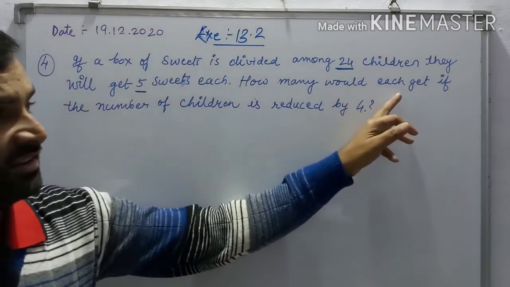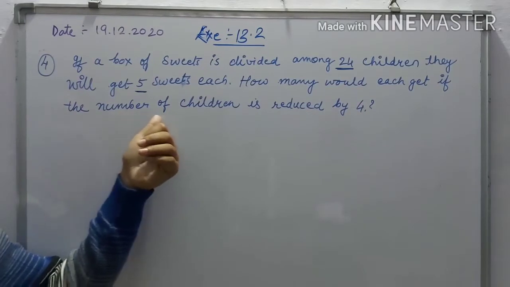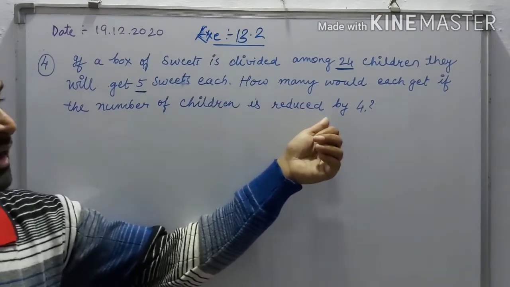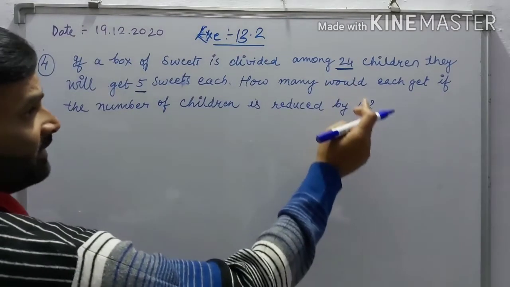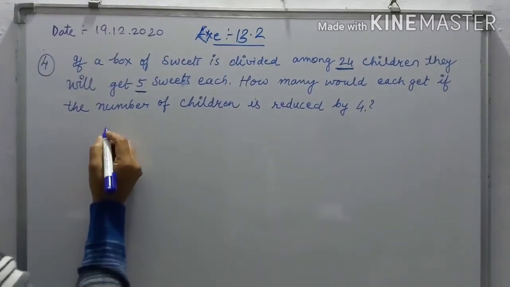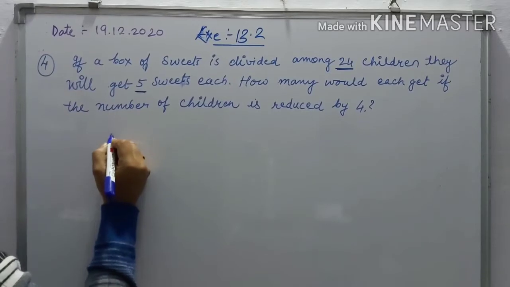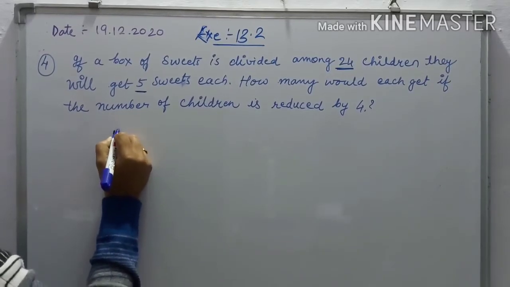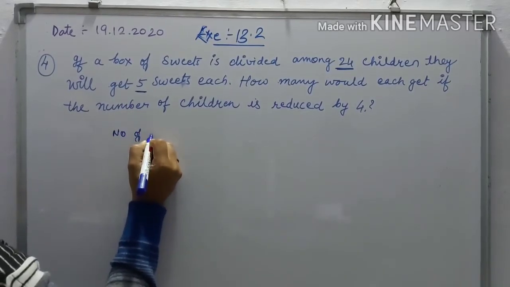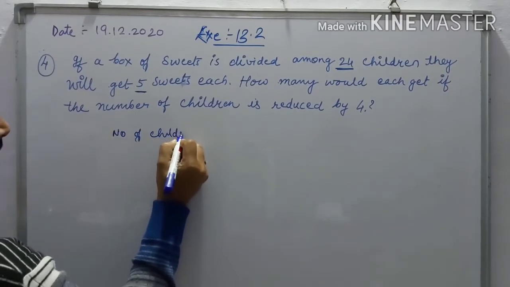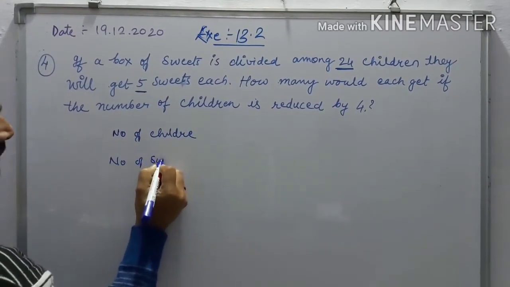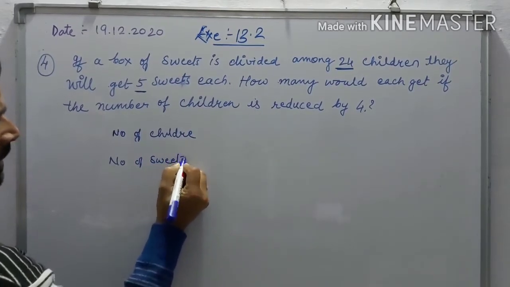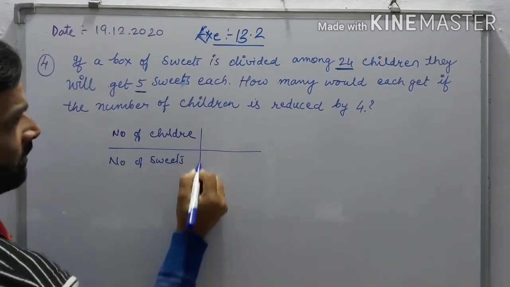How many will each get if the number of children is reduced by 4? It means the number of children will be reduced by 4. So you write here the number of children and the number of sweets, and make a table.